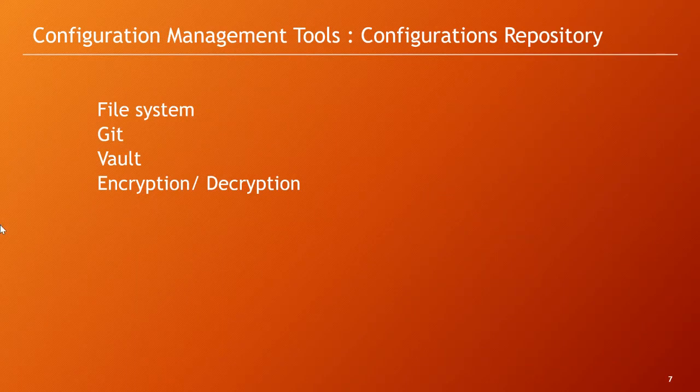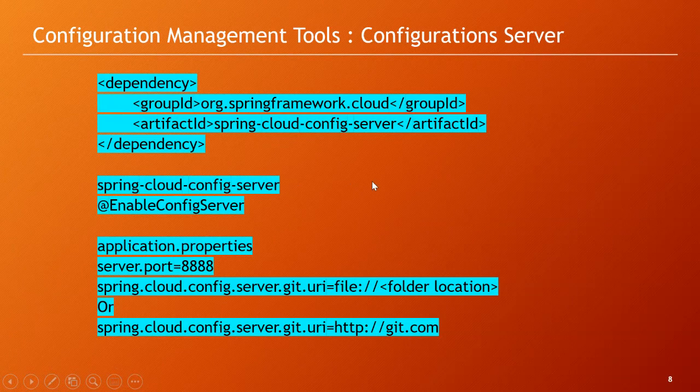Vault is also a secure way of storing your properties for the application. So we can use any of these repositories. The next component is the configuration server. For creating a configuration server, as I told, Spring has already provided this implementation. You just have to add this dependency in your application, and based on that, you will get this annotation in your application.